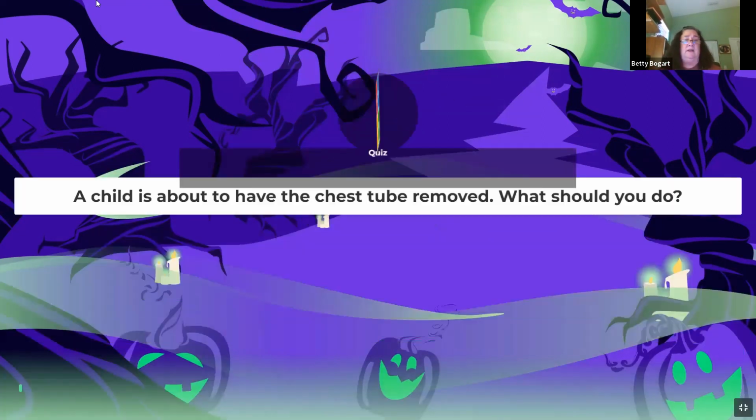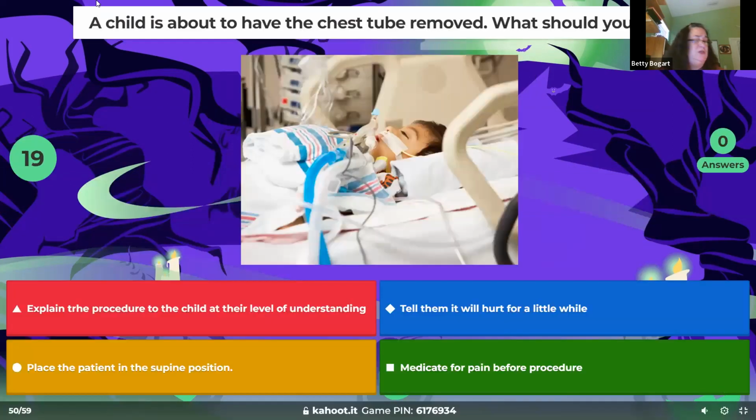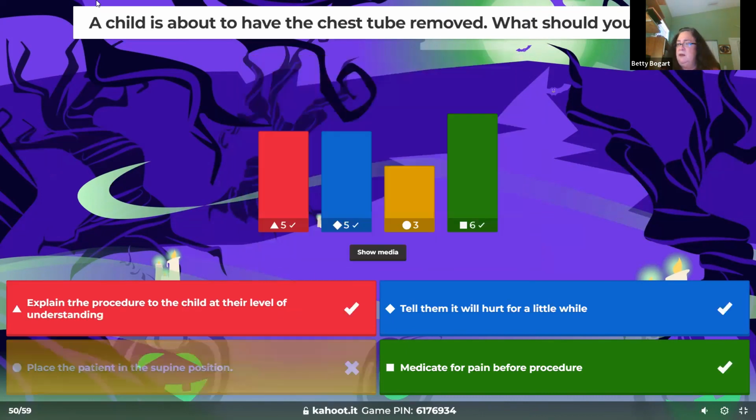A multi-select. A child's about to have a chest tube removed. What should you do? Now I'm telling you, chest tubes removed, I've done them in the adult ICU, status post open heart surgery. And adults tell me it burns intensely when we pull them out. So knowing that, we know that we're going to tell the child that it's going to hurt a little.